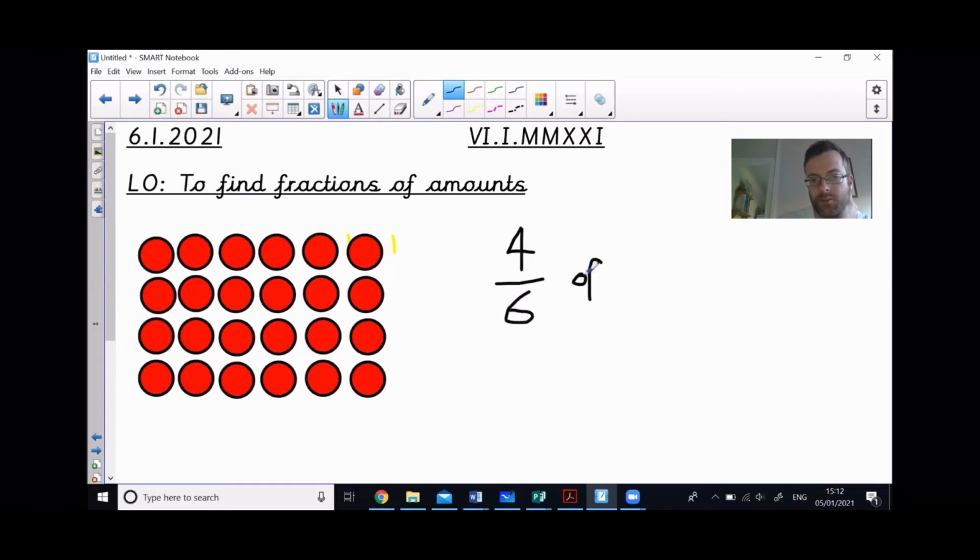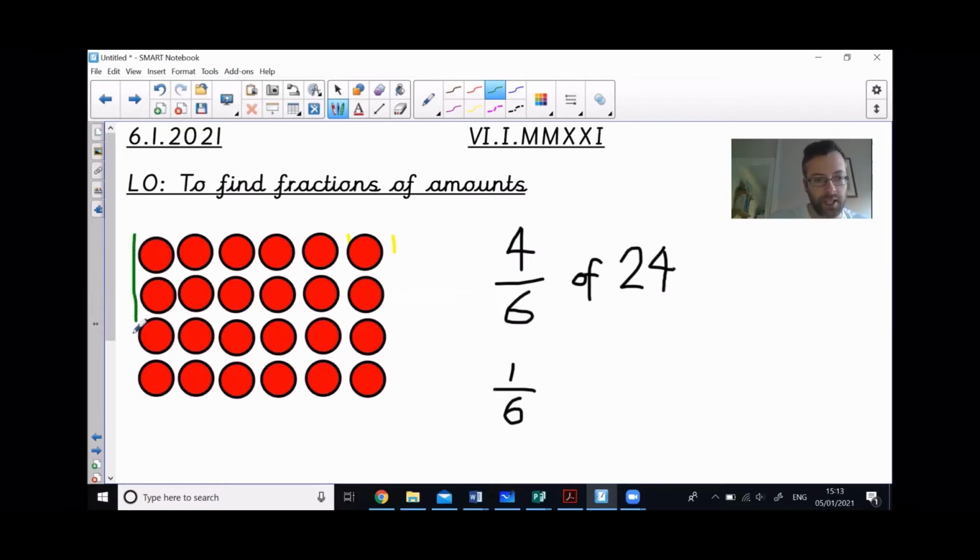Now to do this, hopefully you'll remember that I can't find 4/6 until I know what 1/6 is. So to find 1/6, I need to put the 24 into 6 groups. So I'm doing 24 divided by 6. Have a look over here. I've got 1, 2, 3, 4, 5, 6.